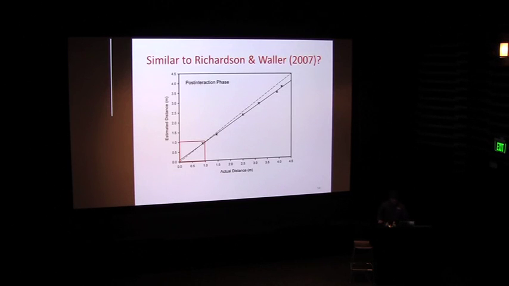And if you compare this to results of experiments that have been conducted earlier with, say, Richardson and Waller's experiments, what have we added to the literature? It's mainly the fact that with Richardson and Waller, the distances that they examined are between 1 meter and beyond, up to about 4 meters or so.